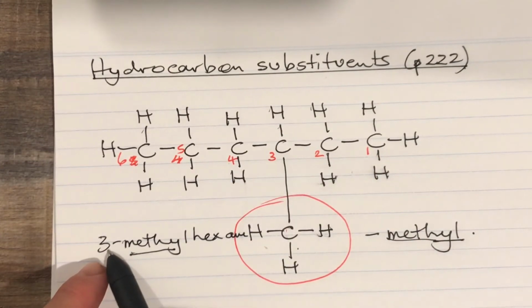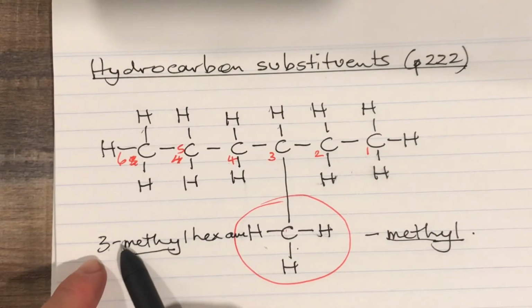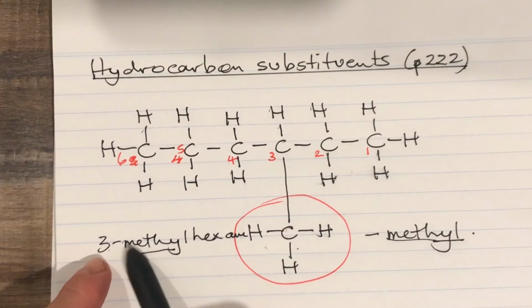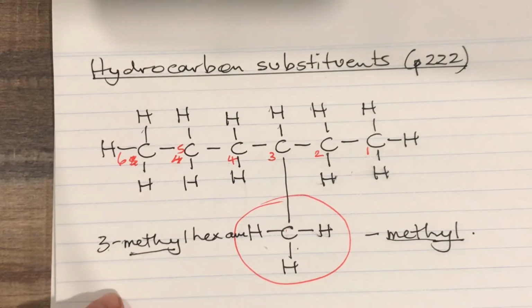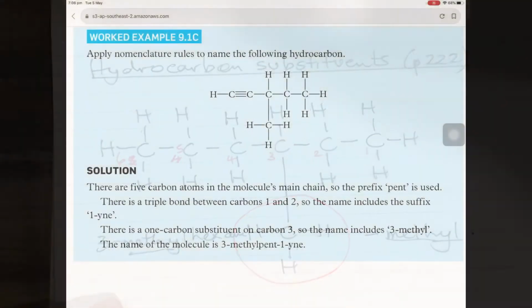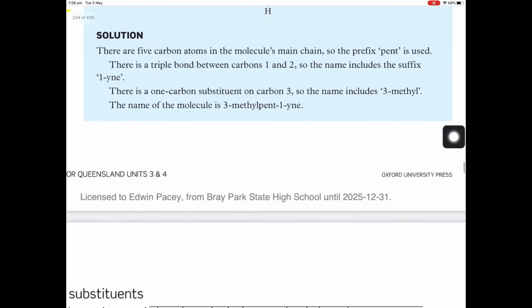Whenever you have a number in an organic molecular name, the number is always separated from a letter with a hyphen. So 3-methylhexane, substituents. Yeah. So let's have a look at this worked example here on page 222, I think it is.